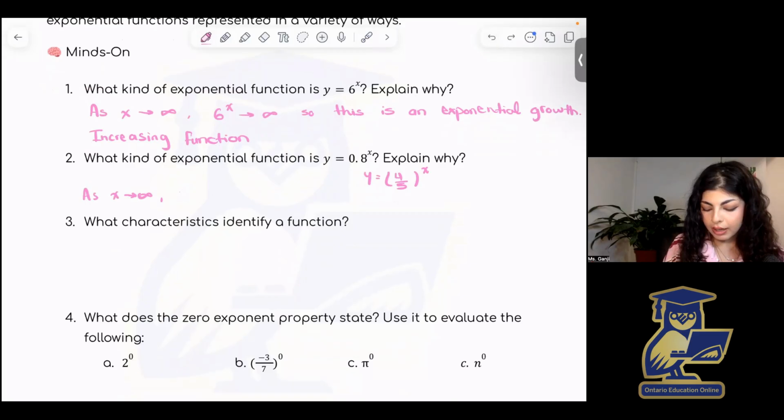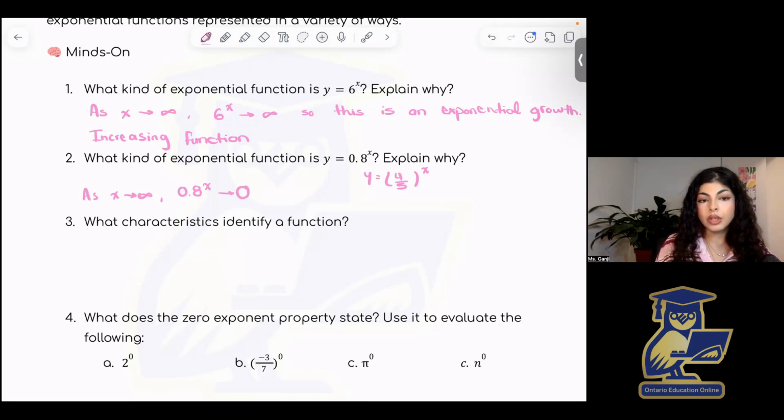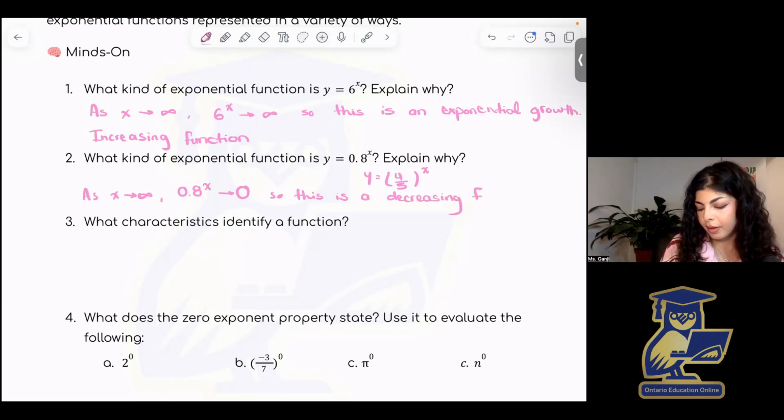So 0.8 to the power of x is actually going towards 0. It's not actually reaching 0, but it is getting closer and closer to that value. So this is a decreasing function, and it is an exponential decay.